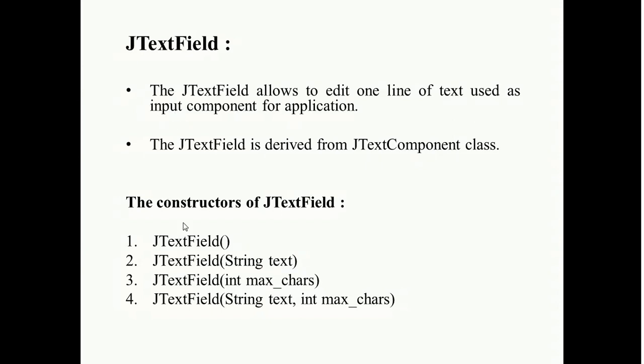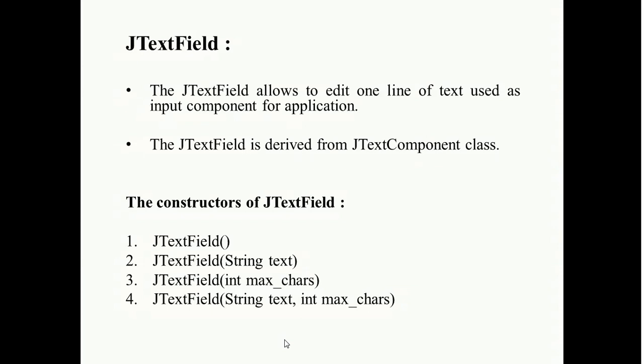The third constructor is JTextField(int maxchar). The parameter maxchar is nothing but the maximum capacity of the characters. And the fourth constructor is JTextField(String text, int maxchar). The fourth constructor has two parameters.